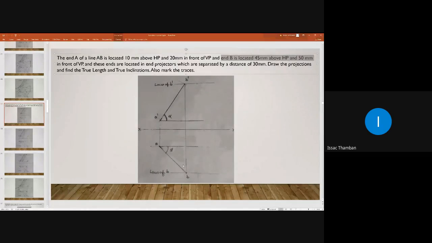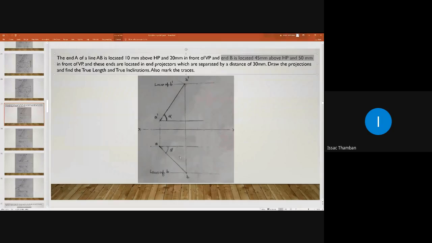And as per your rule, if a line is parallel to VP, then in the elevation it should reveal its true length and true inclination in the elevation. And if the line is parallel to HP, then in the plan it should reveal its true length and true inclination in the plan.